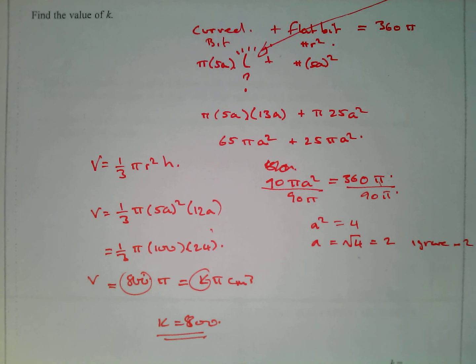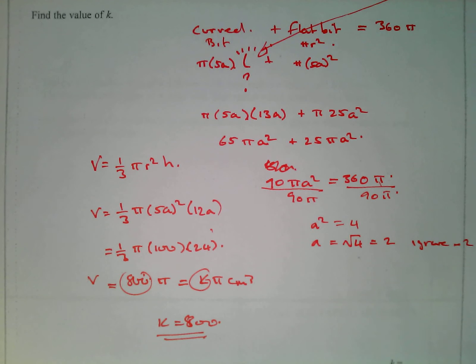But now we know that a is 2, so that gives you one third pi. 5 times 2 is 10, that's going to be 100, and 12a is 24.